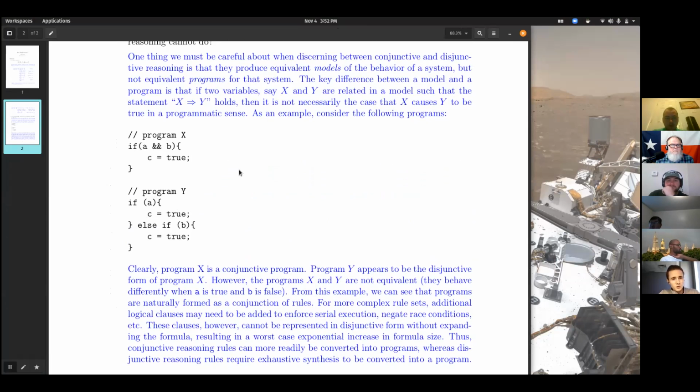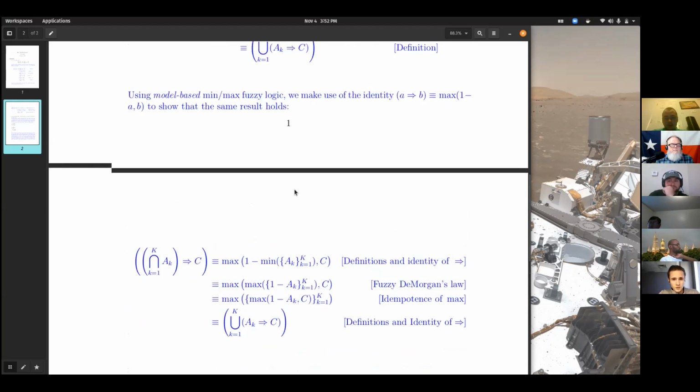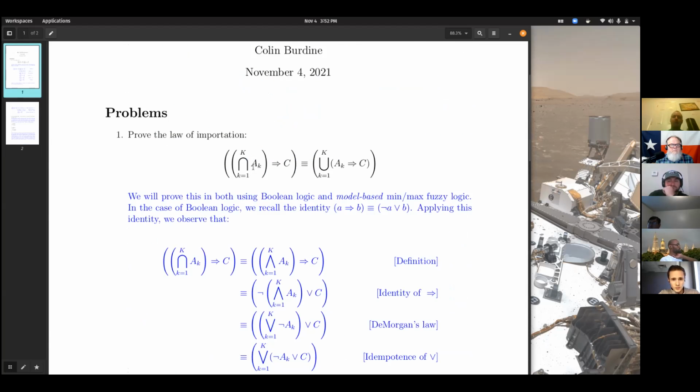In a logical sense, where you're just trying to model the behavior of the system, it makes sense that if I have a bunch of things that are true initially, then this consequent happens. It's equivalent to saying that if I consider all of these clauses, A sub k implies C, that essentially means that it is true for at least one of these clauses, A sub k implies C, but it doesn't necessarily mean globally.